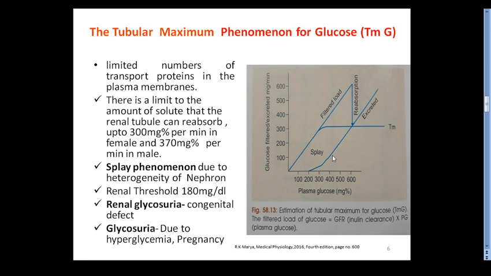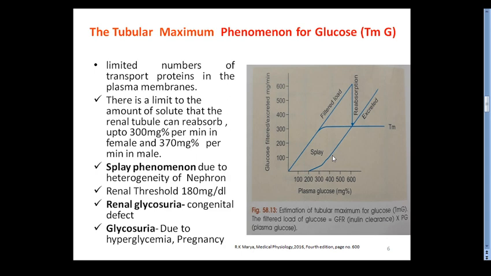The tubular maximum phenomenon for glucose. What is this? The maximum amount of glucose that can be reabsorbed in renal tubules per minute. A certain amount of glucose can be reabsorbed only because its reabsorption involves certain transporters or channels.